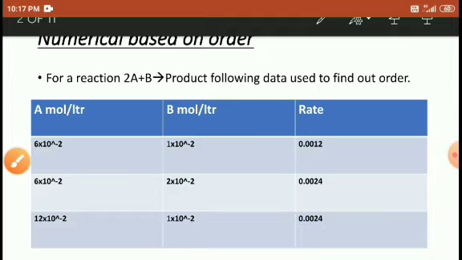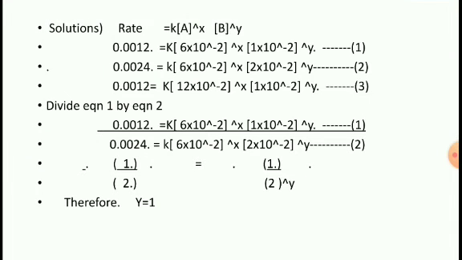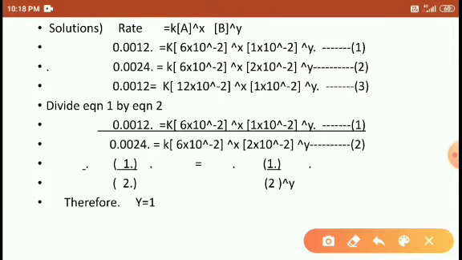Whenever you face such a type of example, you have to follow this rule. First, you write the rate equal to concentration of A to the power x, concentration of B to the power y.